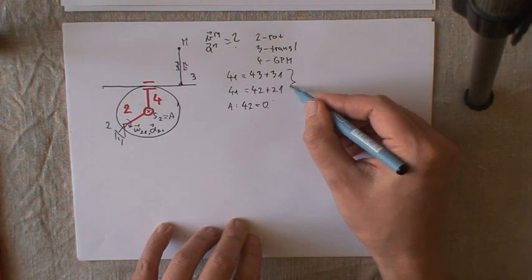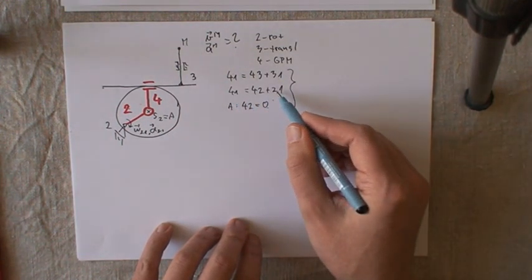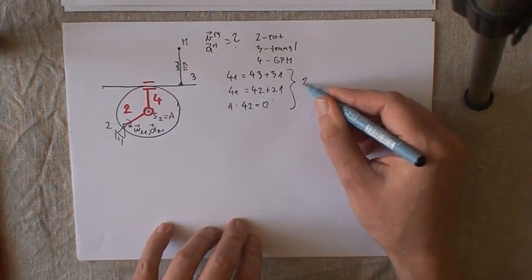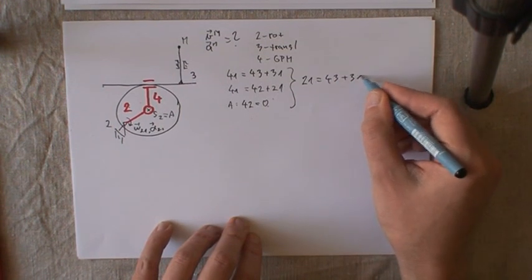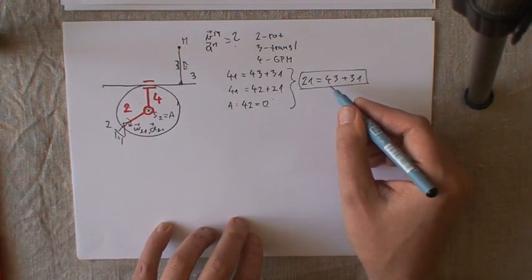Therefore, if we put these together, 4 2 is 0, so 4 1 is equal to 2 1. Only in here, of course, we will get that 2 1 is 4 3 plus 3 1. And we have a symbolic equation that we will solve.